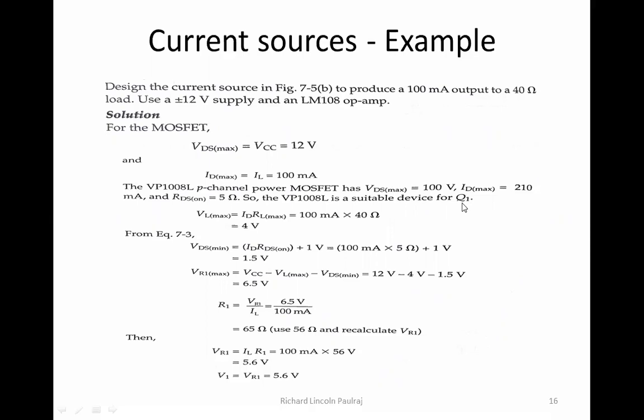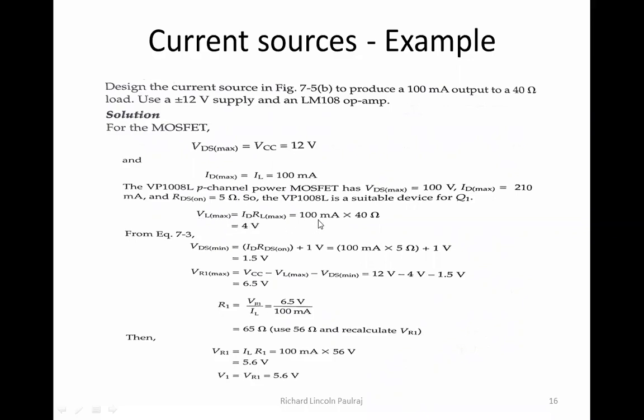It's suitable because it's a power amplifier, and the ID max is about 210, approximately, of course a little higher, and RDS is about 5 ohms. So we will use this configuration. The load voltage, the voltage across the load, is ID into RL.